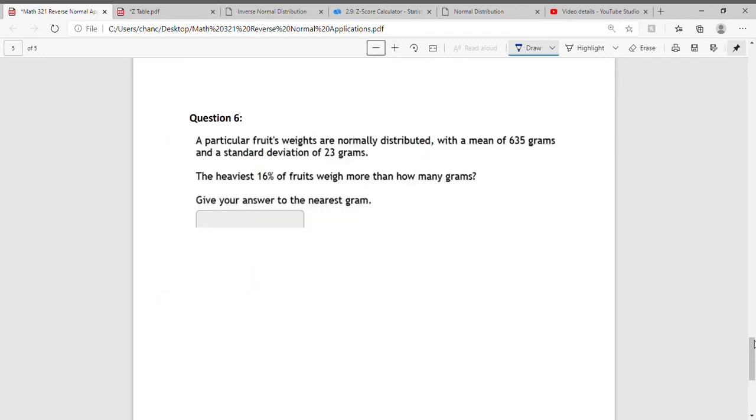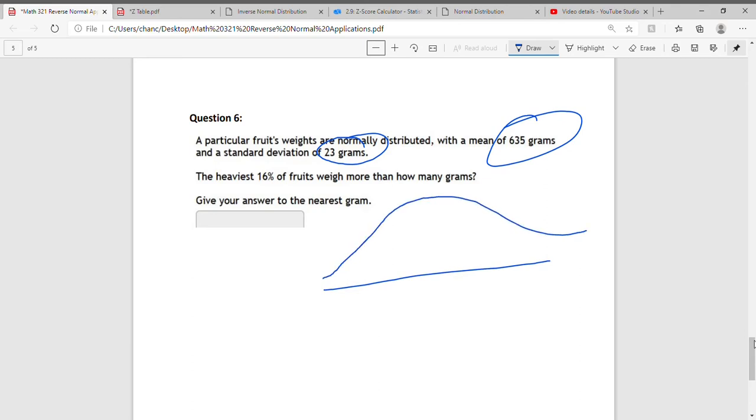Question 6. A particular fruit's weights are normally distributed with a mean of 635 grams and a standard deviation of 23 grams. The heaviest 16% of the fruit weigh more than how many grams? If you look at the question very carefully, we're looking for the area to the right being 16% or 0.16.